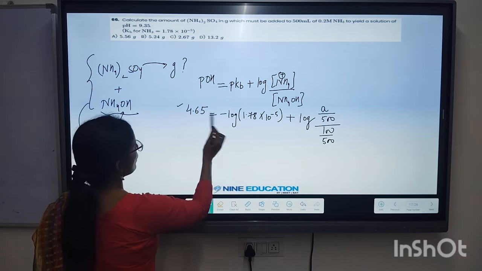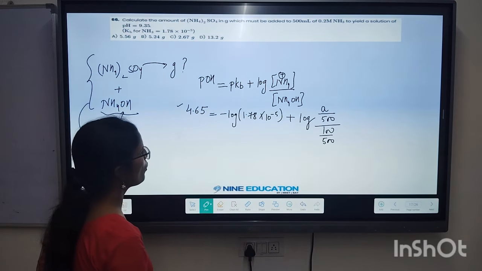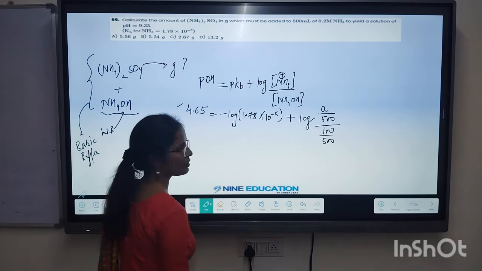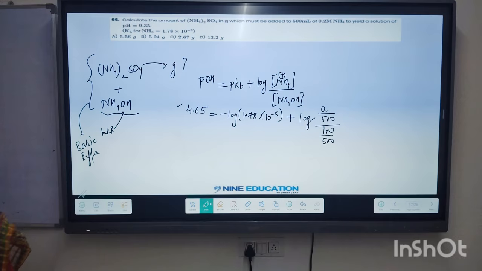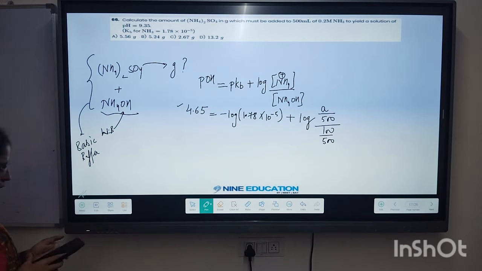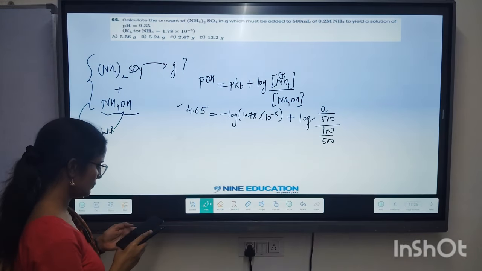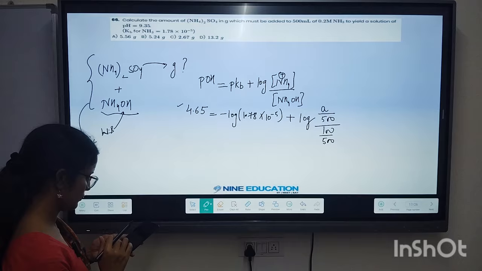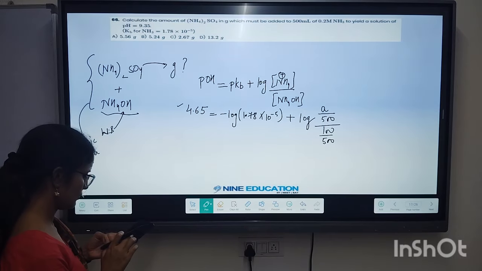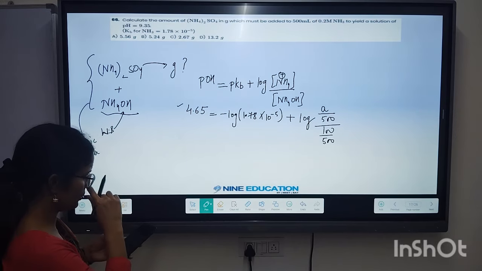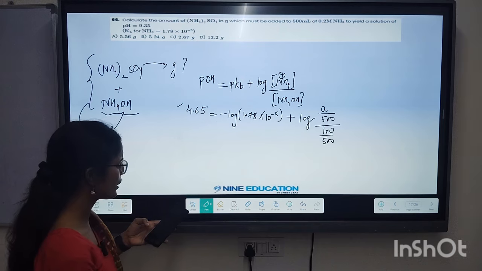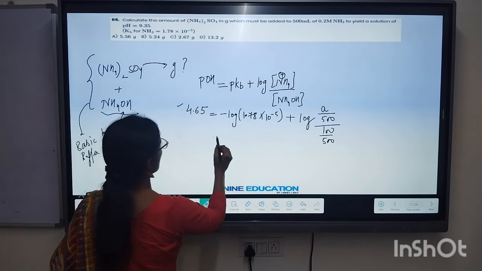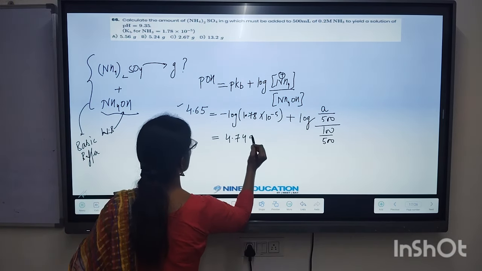Now in order to solve this, we must find the log of 1.78 into 10 to the power minus 5. For now, let me just use the calculator and write down the value here. It is coming around minus 4.749, so minus will be writing plus 4.749.